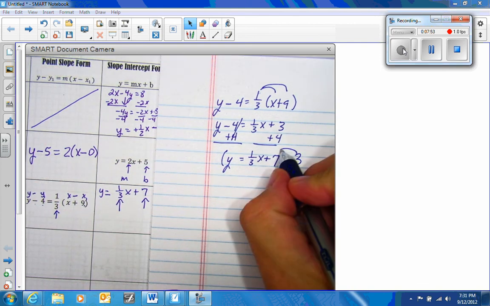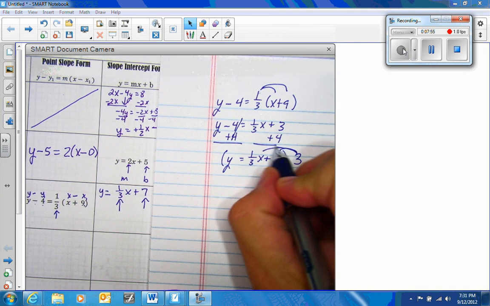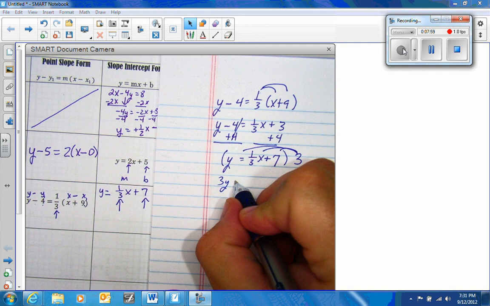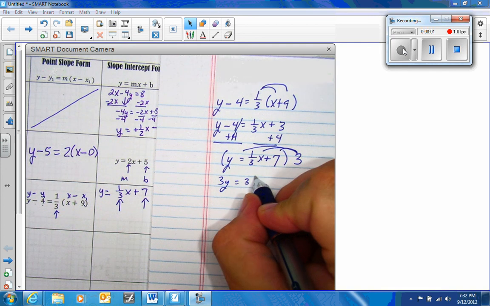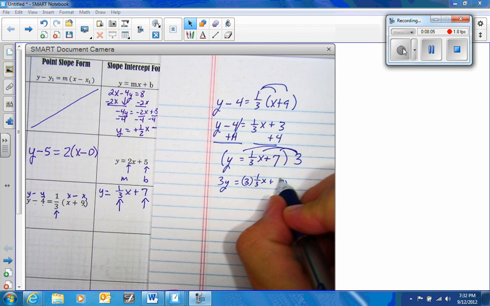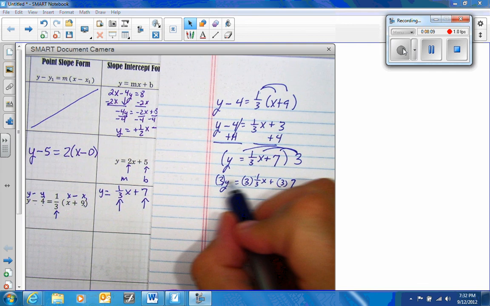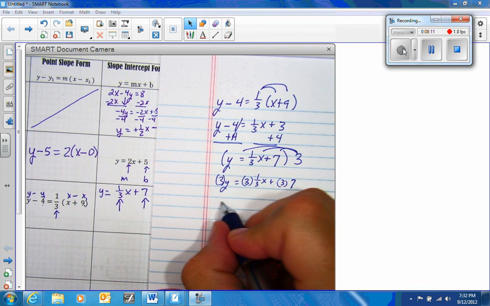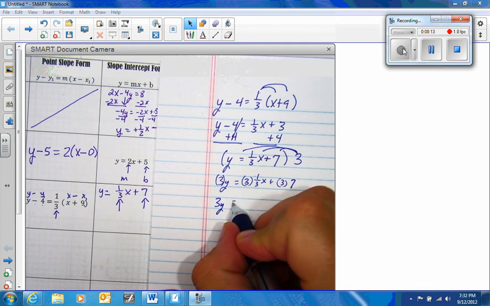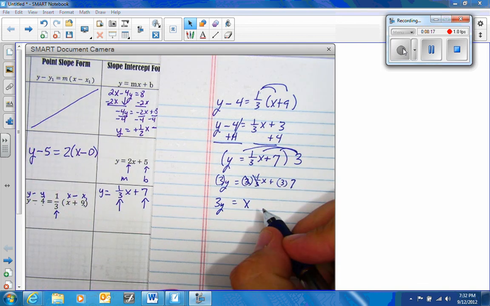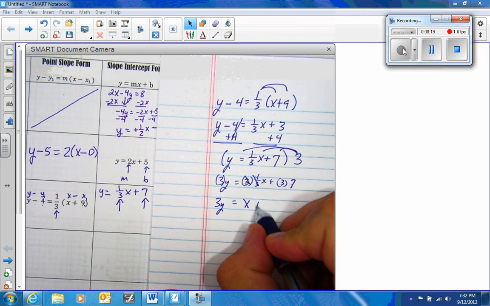When I distribute, I get 3y equals 3 times 1/3 x plus 3 times 7. Notice I distributed that 3 to all 3 items. This becomes 3y. 1/3 and 3 cancel out, and I'm left with x. 3 times 7 is 21.